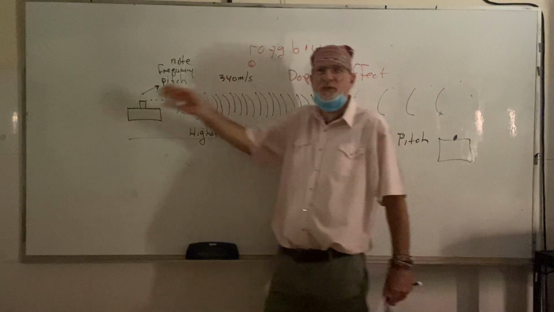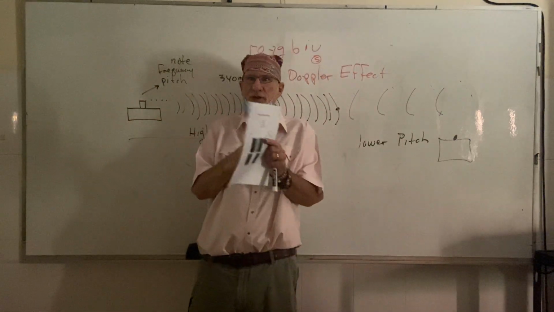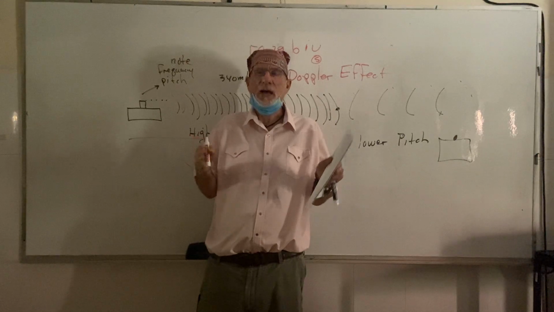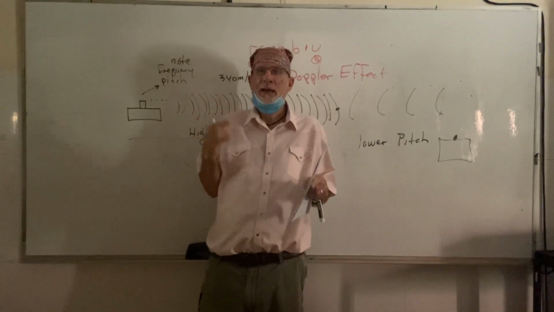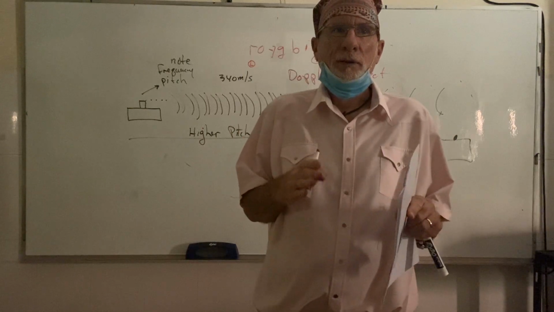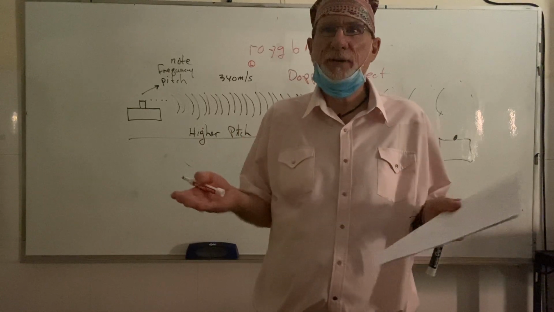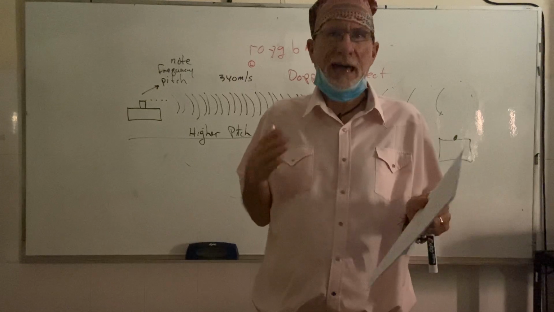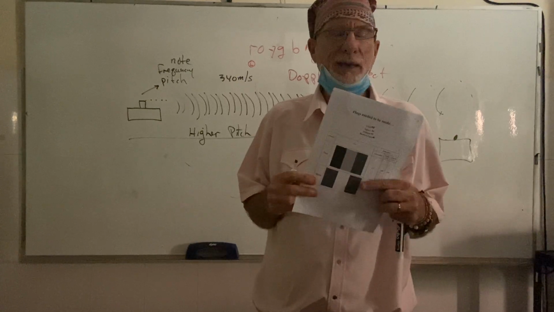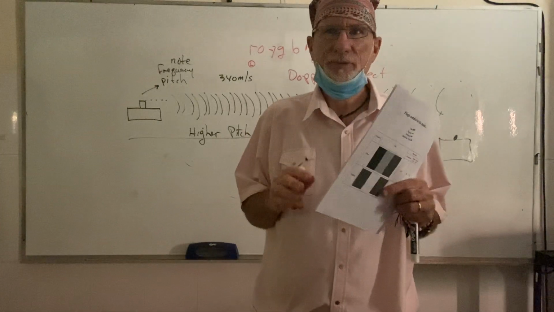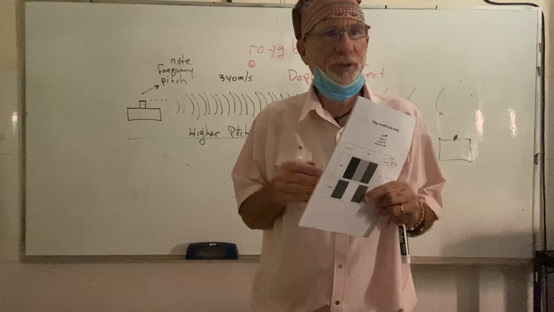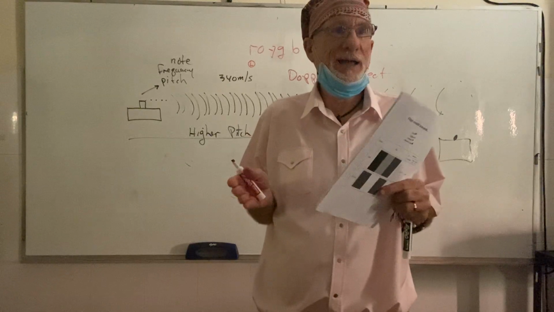If it's going away from me, the wavefronts are farther apart, correct? I'll see red. Have you ever heard in astronomy, blue shift, red shift? Take out any kind of astronomy book, and you'll see the words red shift and blue shift when it comes to light.